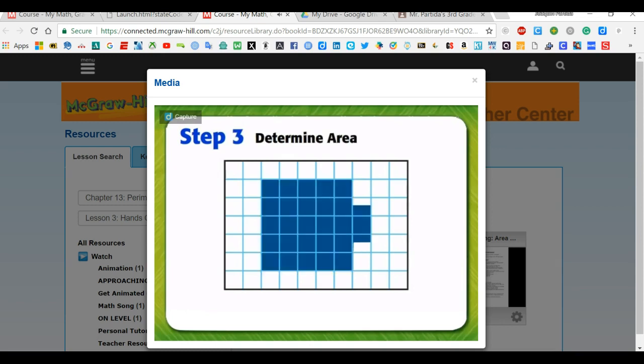Finally, determine the area. 1 whole square is 1 square unit. Each of these is 1/2 square unit. There are 26 whole square units and 2 half square units. Since 2 half square units equal 1 whole square unit, the total area is about 27 square units. This is 1 more square unit than our estimate.